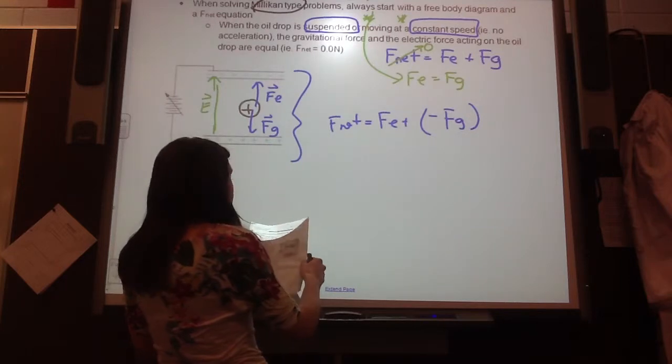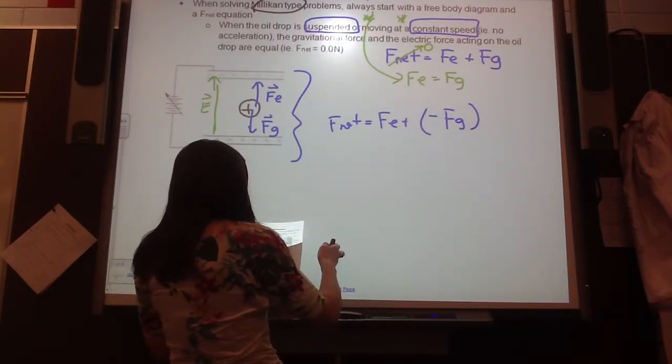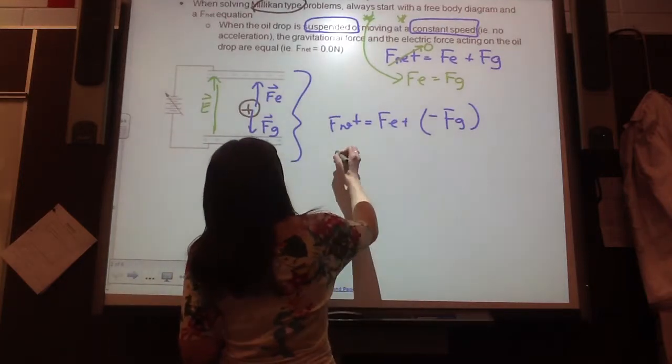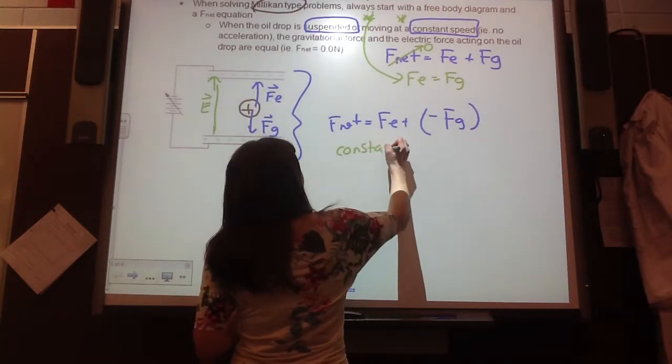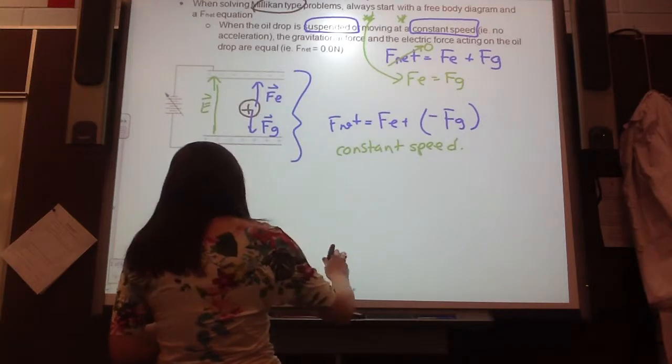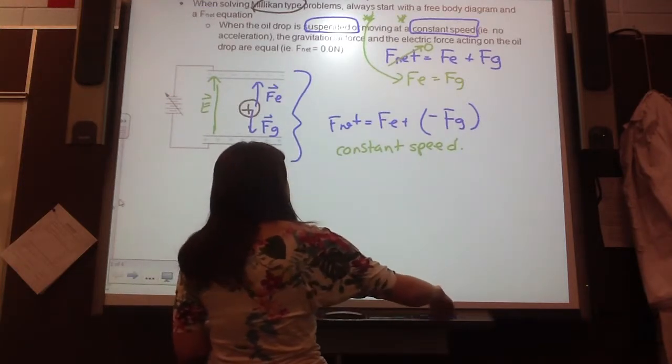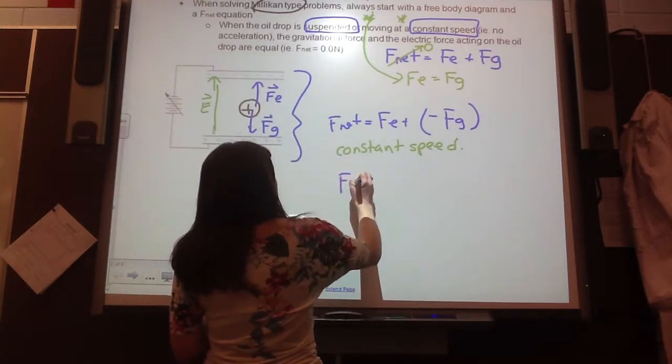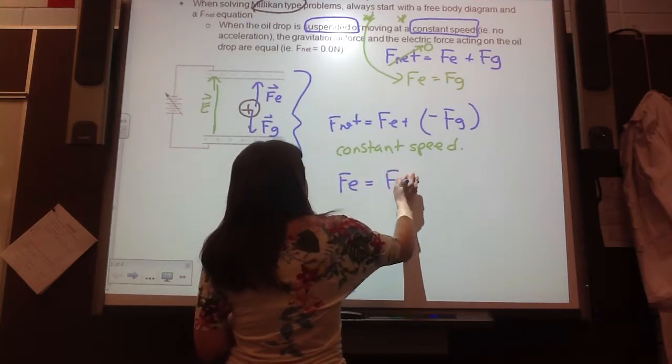So now say this is going at a constant speed. Let's say it told us it's at constant speed, then our Fnet is 0. So our Fe is equal to Fg.